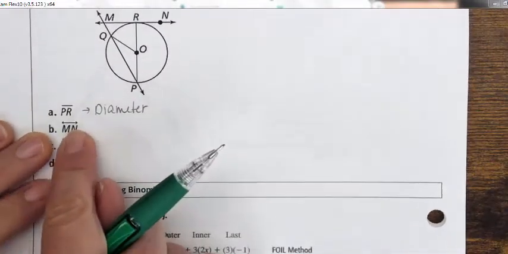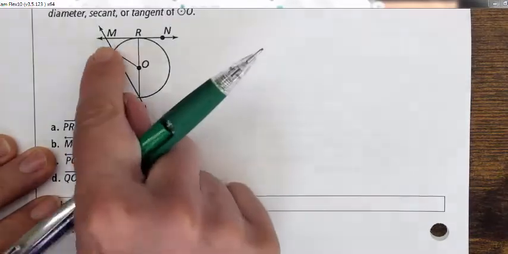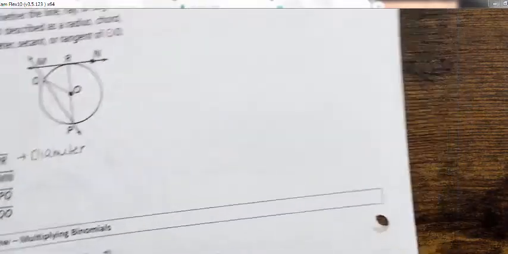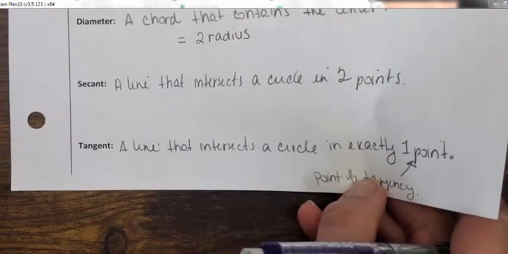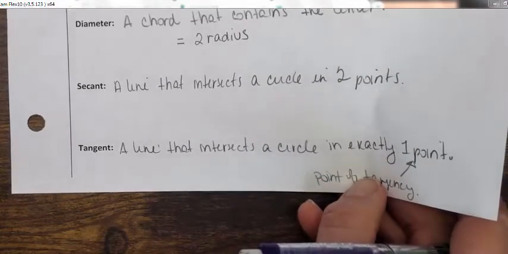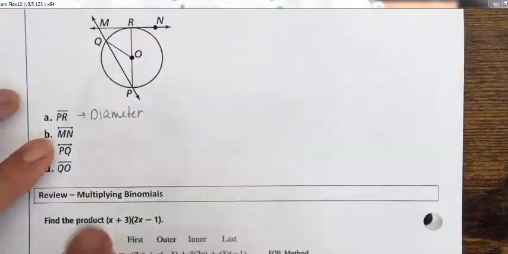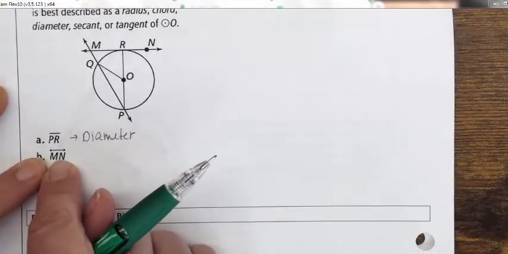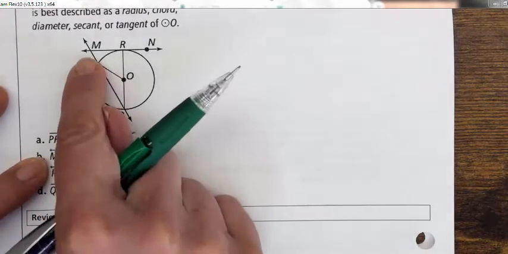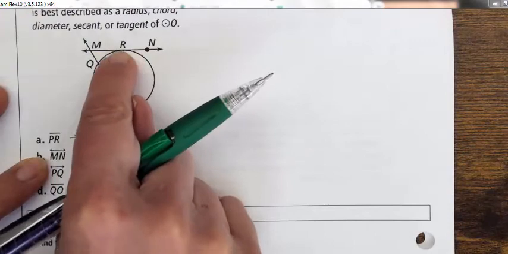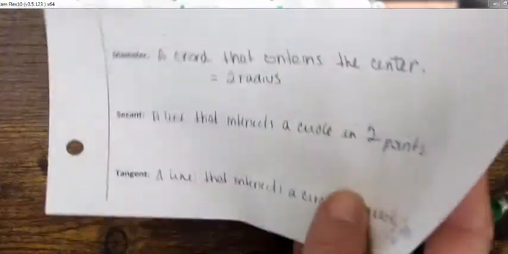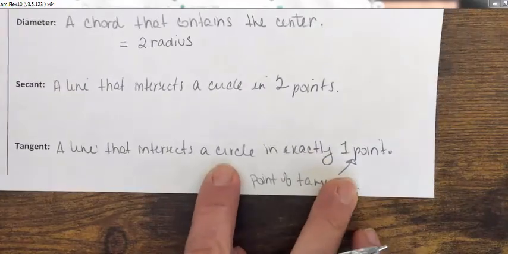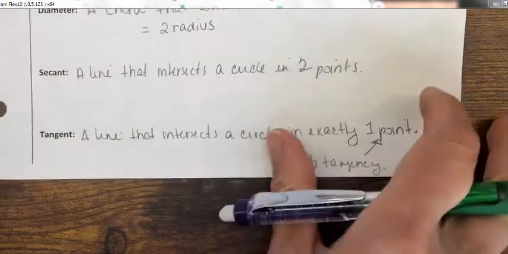All right, line MN. The fact that it's a line really narrows it down here. It's only going to be one of the last two. It's either a secant line or a tangent line. So line MN, how many times does it intersect the circle? Line MN is only intersecting the circle one time at point R. So the line that intersects a circle in exactly one point is a tangent.